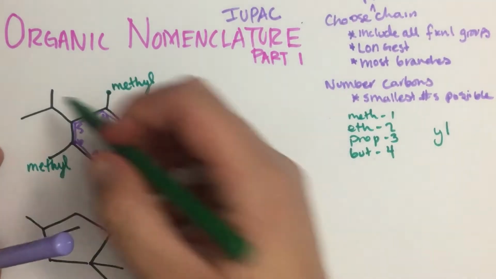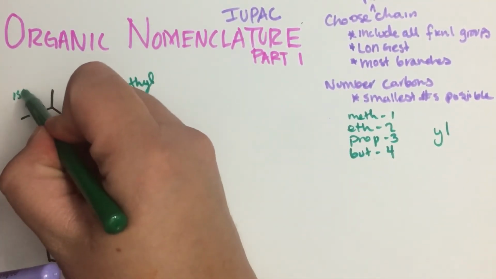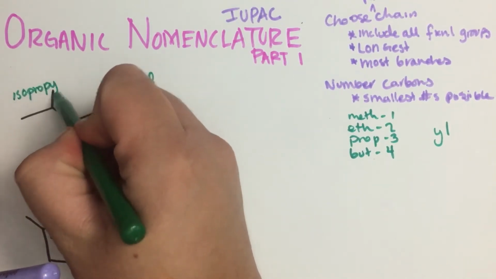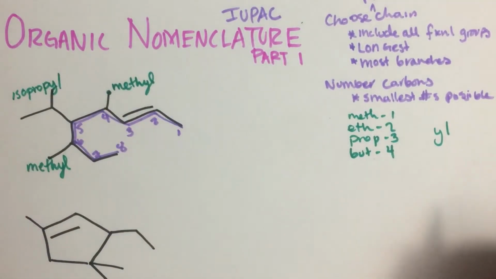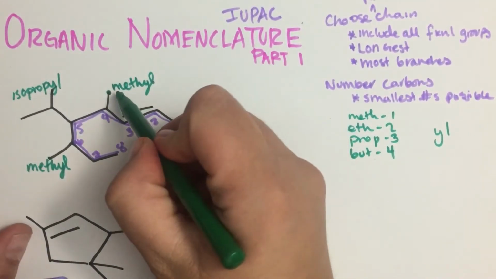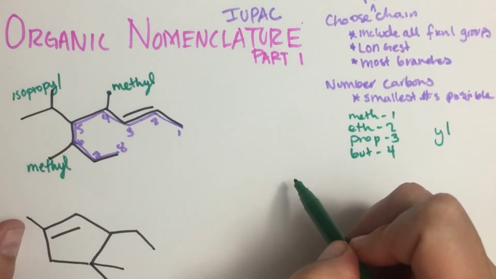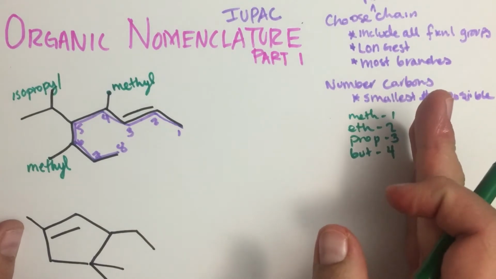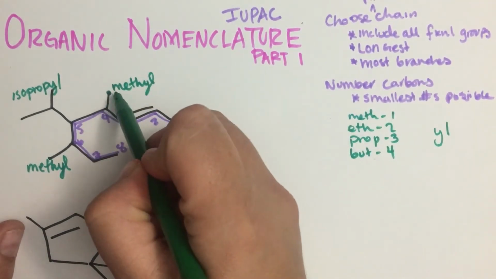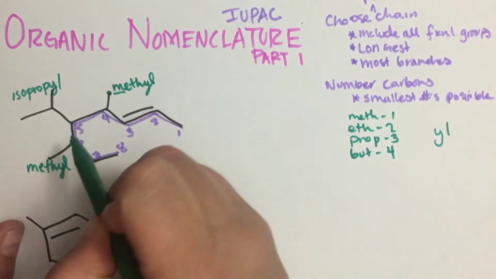Okay, now this is one chain that is special, and this one is called isopropyl. Okay, check out part number 2 for those special branches. Okay, so once we have this, we're ready to start writing out the name. First, we're going to name our ramifications, then name our parent chain. So let's take a look at this. We're going to write our ramifications in alphabetical order.